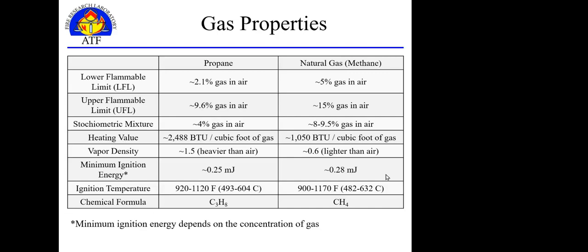The stoichiometric mixture is around 8 to 9.5% gas and air. Like I said, it's just over 1,000 BTUs per cubic foot of gas, and it's lighter than air, so it's going to rise in a structure. And the minimum ignition energy is just ever so slightly higher than that of propane. So just some things to think about when we're discussing how they are going to behave in a compartment if you have some sort of leak.